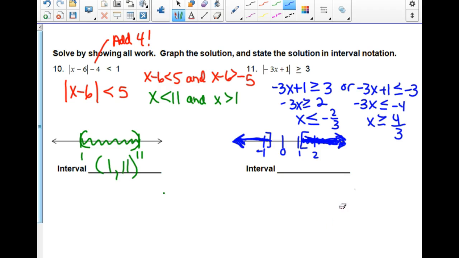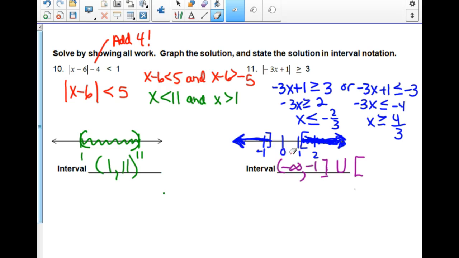All right, so this is 2 tails. From the left side, you always go left to right when you name your interval. That's from negative infinity up to negative 1, including the negative 1, so hard bracket. Make sure I can tell if it's a hard bracket or a soft bracket. Union with... I don't know why I wrote negative 1. I think it's because I didn't write the number on the graph.